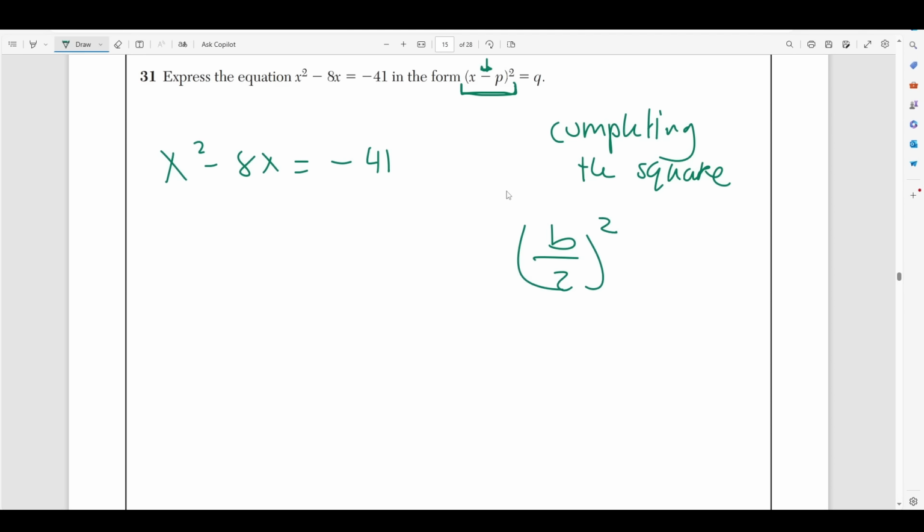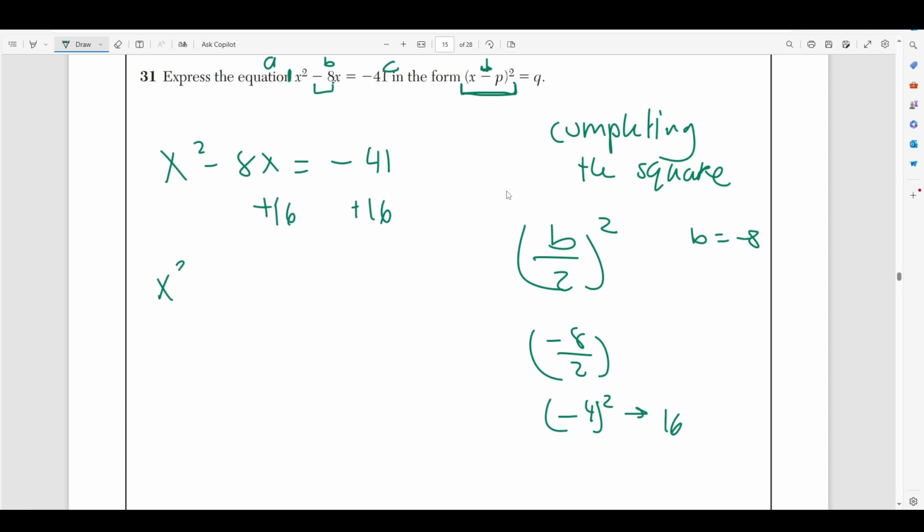Remember how we use the quadratic formula, we said that our a is always to the left and our c is always to the right. Here our a is going to be 1 and our b is going to be the value in the middle, so negative 8. So b is equal to negative 8. Negative 8 over 2 is going to give you negative 4, and negative 4 squared is equal to 16. So now, following completing the square, we need to add 16 to both sides.